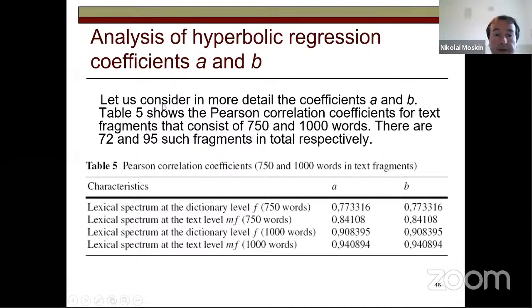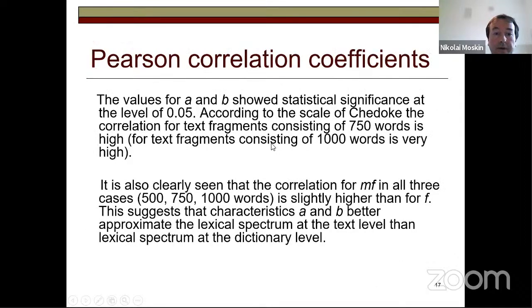Let us consider in more detail the coefficients A and B. You can see Pearson correlations for text fragments that consist of 750 words and 1,000 words. You can see that these correlations are greater. The values for A and B show statistical significance.